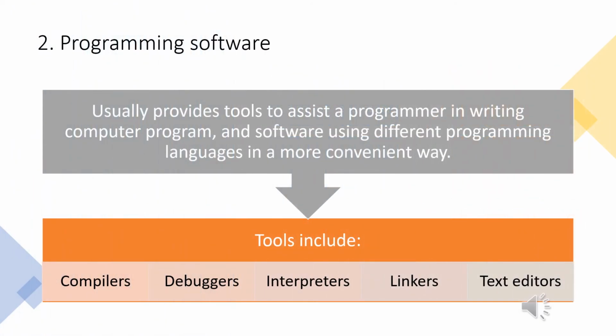Now, the next category is programming software. The first one was system software, the second is programming software. Programming software usually provides tools to assist a programmer in writing computer programs and software using different programming languages in a more convenient way. The first one was to assist computer hardware.